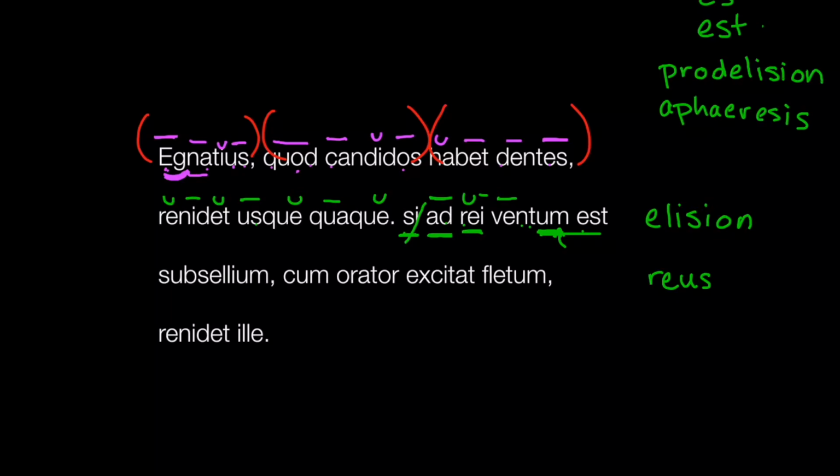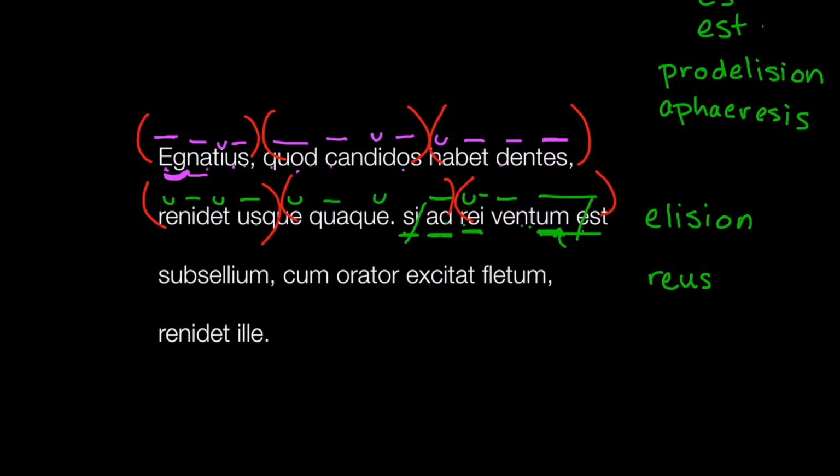Okay, so we're not going to lose the first syllable here. We're going to lose the E of est, and that's all long. All right, so again, here's our 1 metron, 2 metra, 3 metra. And we can read it, if you can see it under all this writing. Renidet usque quaque sat rei ventumst. Okay, renidet usque quaque sat rei ventumst.